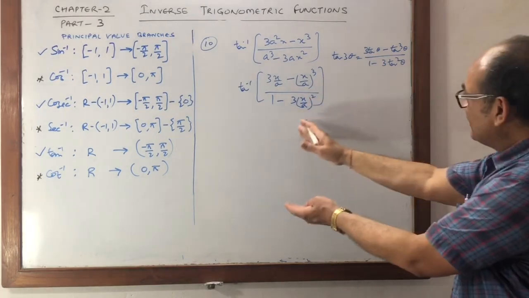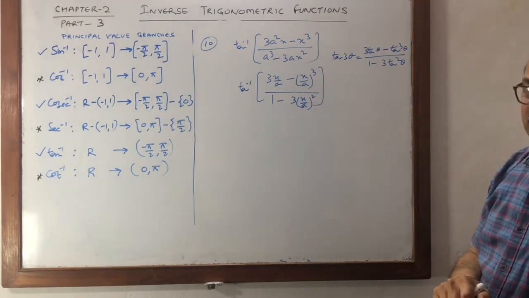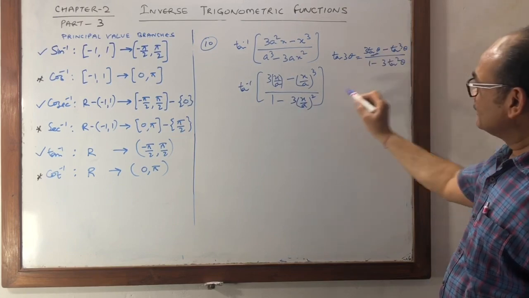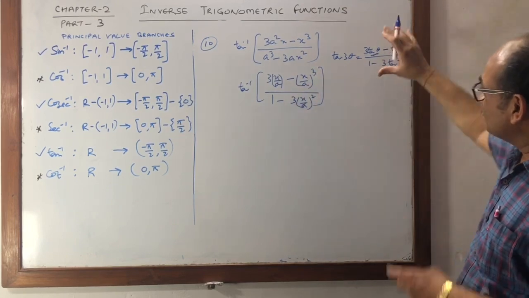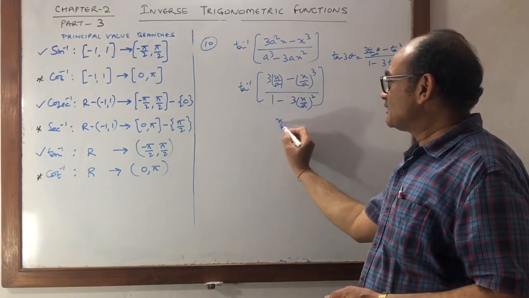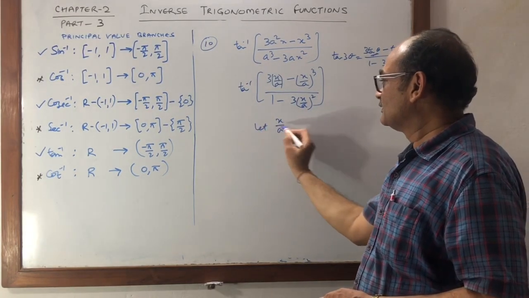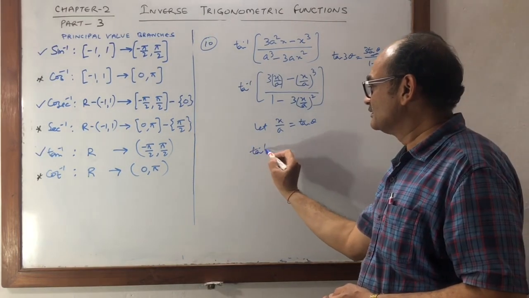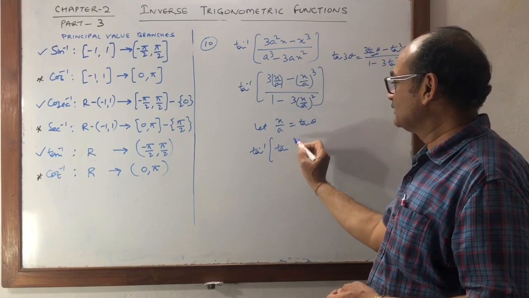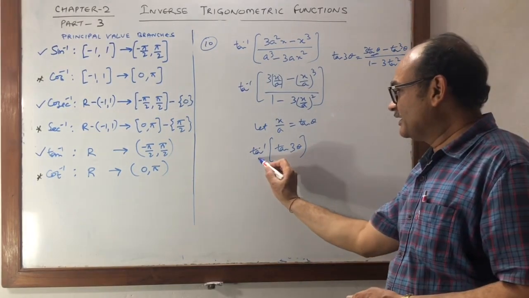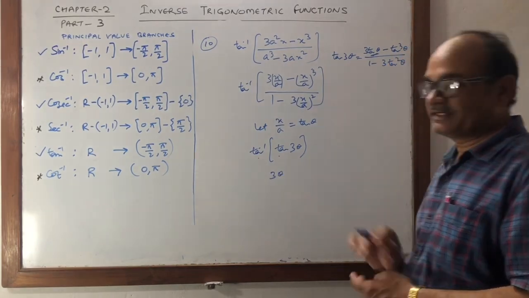Now compare this one with this formula. It means if we substitute x by a as tan theta, this complete expression is in the form of the formula of tan 3 theta. So suppose x by a equals tan theta, then tan inverse of this is nothing but tan 3 theta, and tan inverse and tan neutralize, only 3 theta.